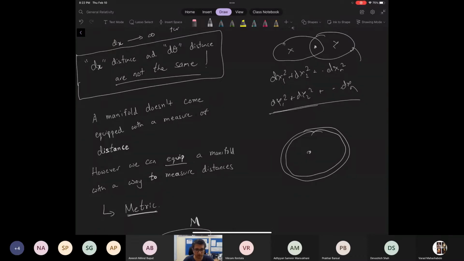For example, they could be polar coordinates and Cartesian coordinates. And what you're suggesting is that whether or not I use polar coordinates or Cartesian coordinates, I always define the distance measure to be this. That obviously cannot be right. So we don't know. All we know is that there is a set of smooth coordinates. What is the preferred measure of distance? We don't know yet. The manifold doesn't have such a notion with it.